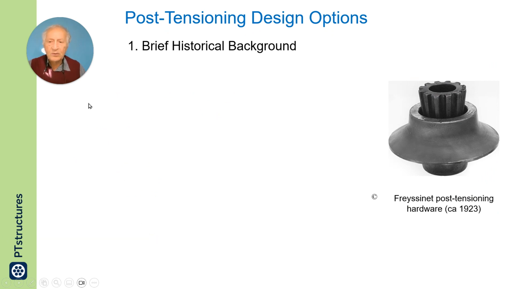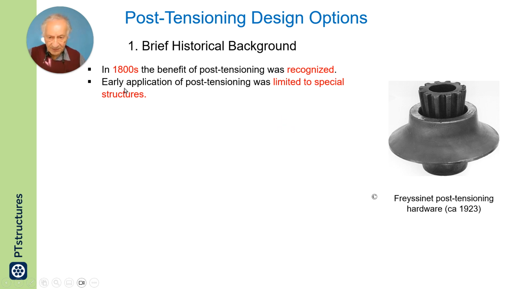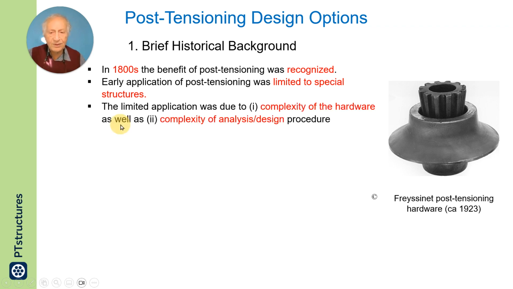Let me start with a brief historical background. It helps in appreciating the different methods. In 1800, the benefits of post-tensioning was recognized in Europe, but its application was limited to special structures. Why? Because the hardware was very complex and the method of analysis was very complex.